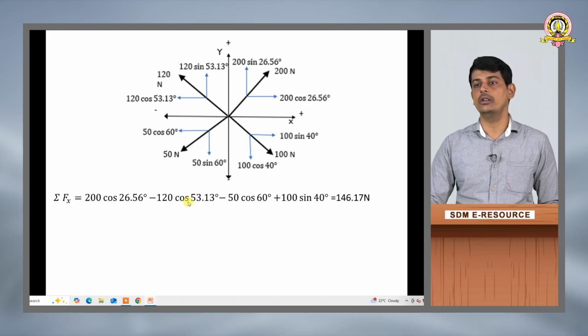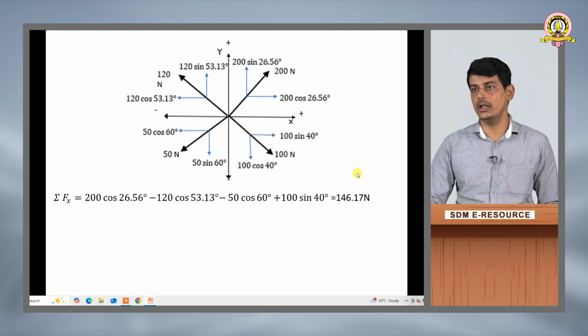So, minus 120 cos 53.13 degrees. Coming to the third force, 50 cos 60, it is acting in the third quadrant towards the left direction, so it is again negative: minus 50 cos 60 degrees. And the last force, 100 sin 40, is in the positive x direction, so plus 100 sin 40.